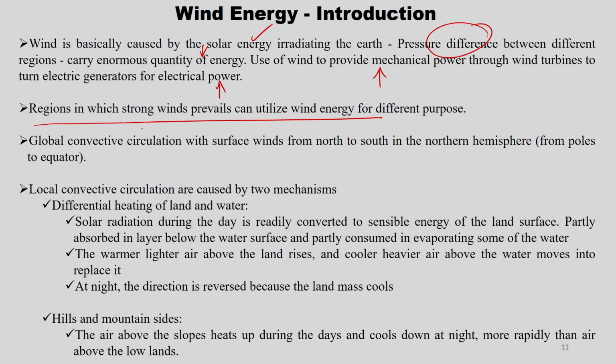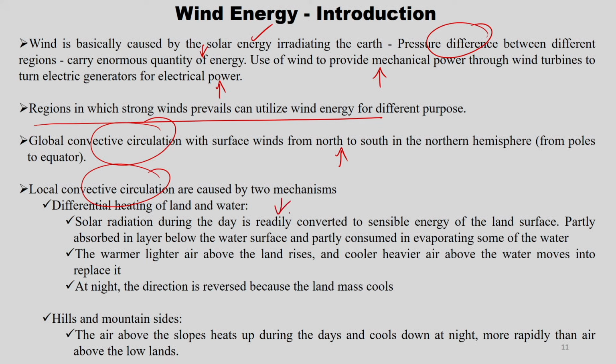So, there are two ways it can be created. The wind energy can be created in two ways. One is global convective circulation, another one is local convective circulation. This also we have seen in the solar energy utilization method. Global convective circulation is winds from the north to south in the northern hemisphere, from poles to equator. In local convective circulation, the differential heating between the land and water.